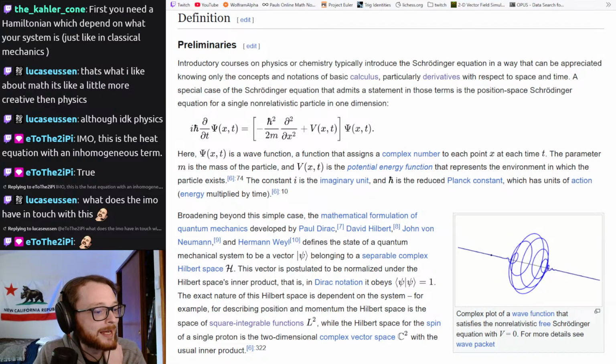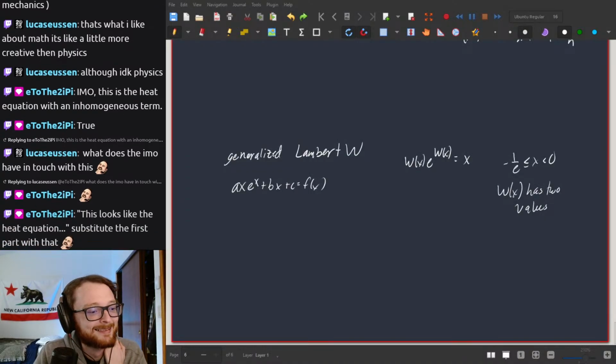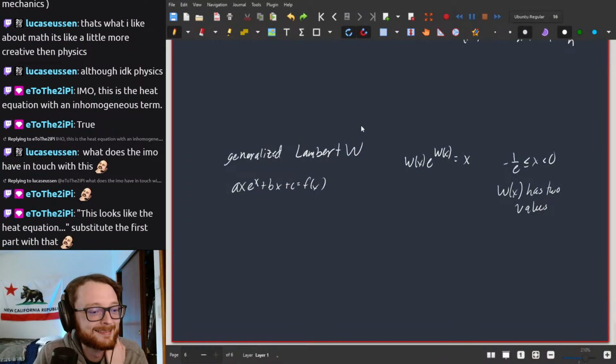What does the IMO have in touch with us? It is kind of weird that it's not a wave equation, but it describes like these waves, I guess, kind of.